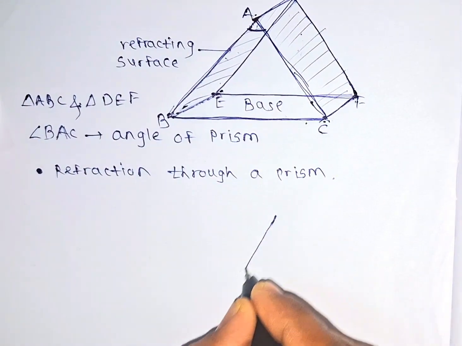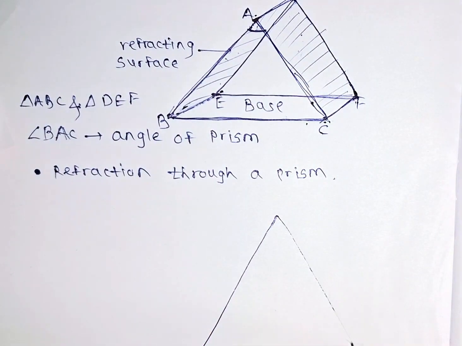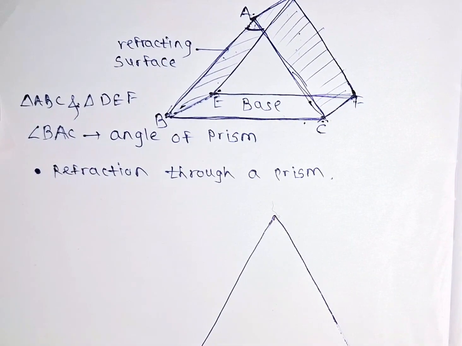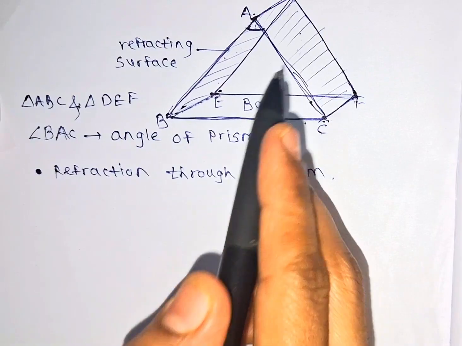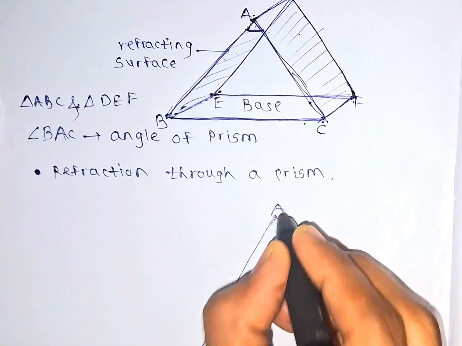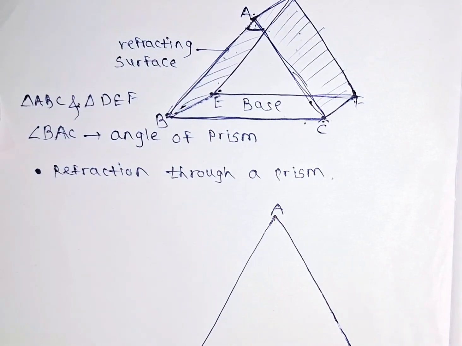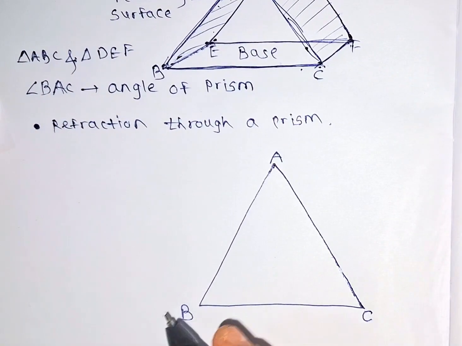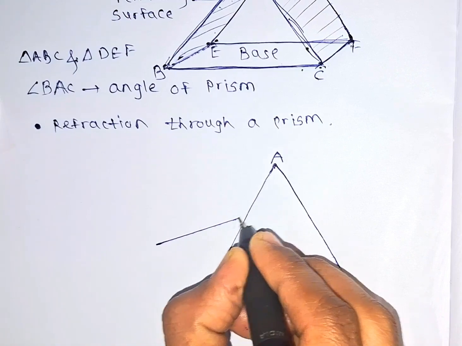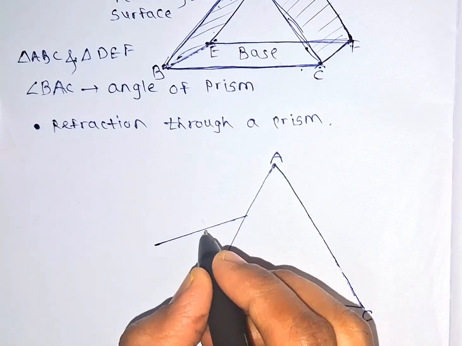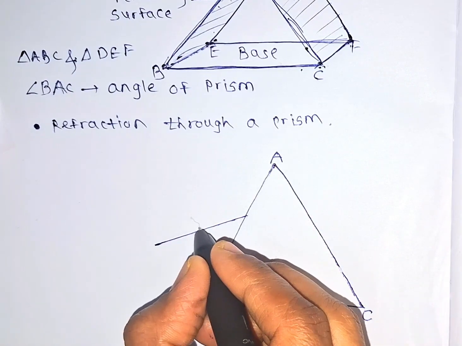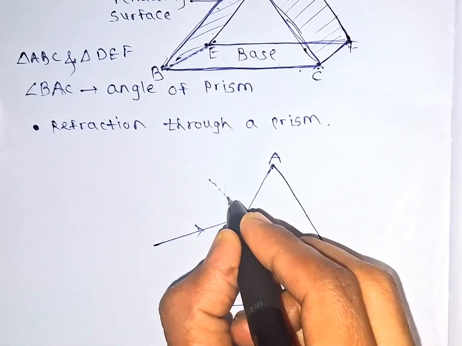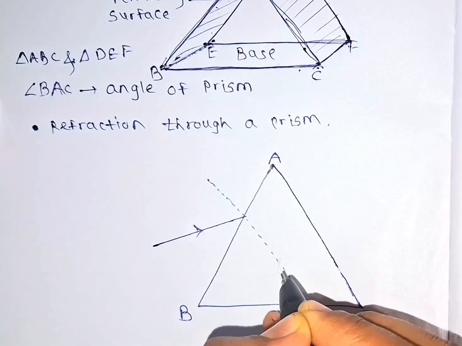In this case we will draw simply a triangle, this one A, B, C. Suppose the incident light strikes on this edge of the prism, and let's make the normal.